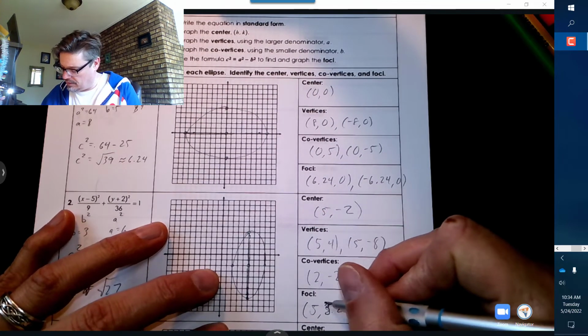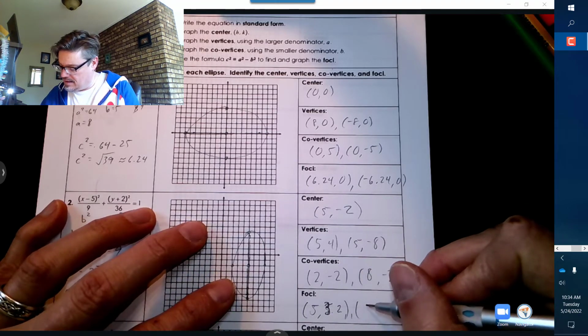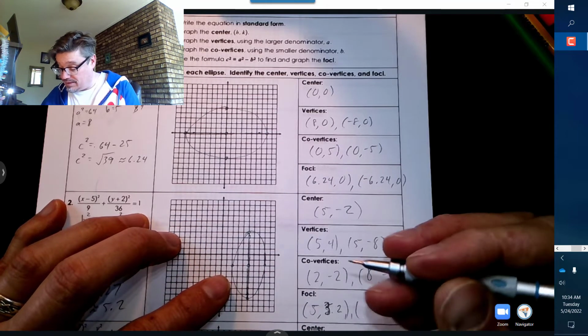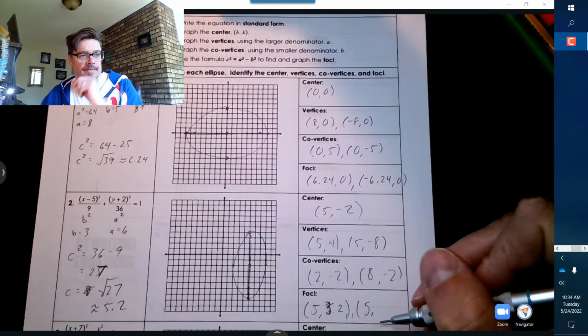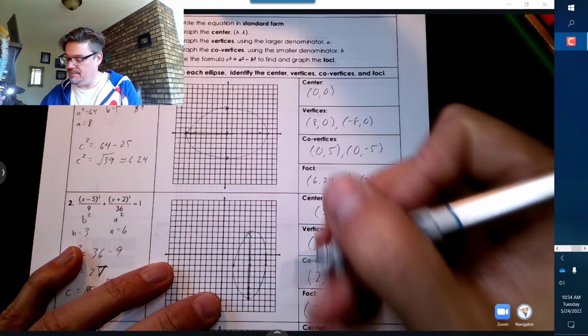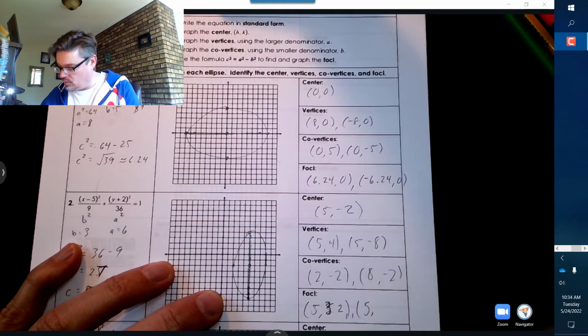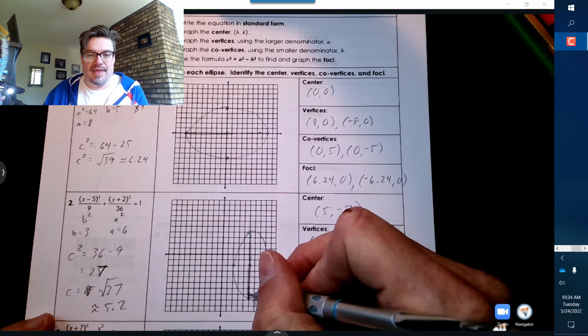Oh, 8 minutes, shoot. Okay, 3.2. And then the other one, we're going to add 5.2 to the negative 2, going downwards. So that's negative 7.2. Okay, so you just want that coordinate right there.